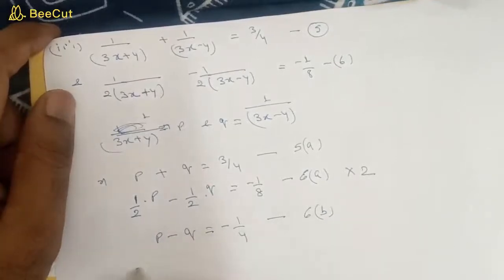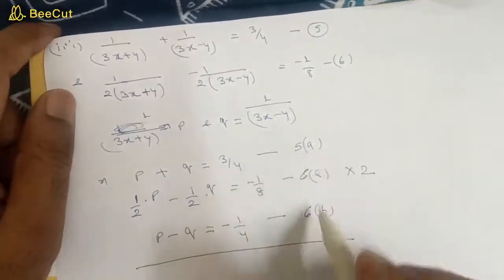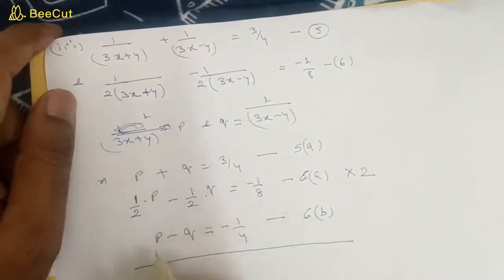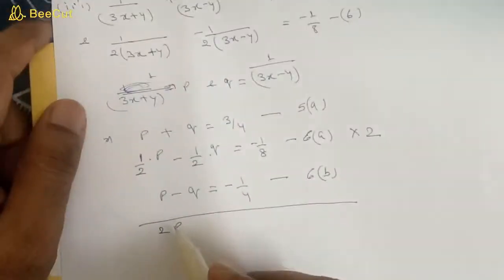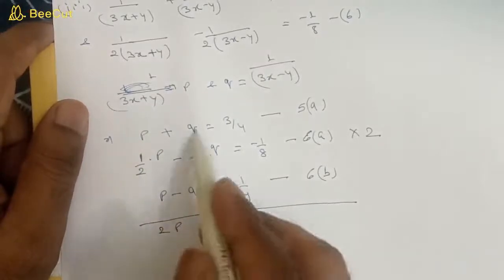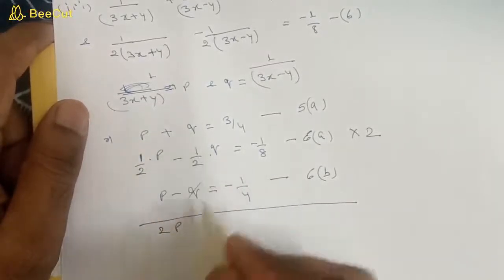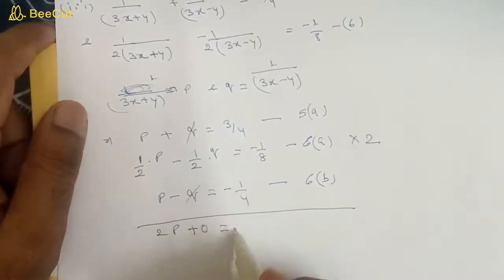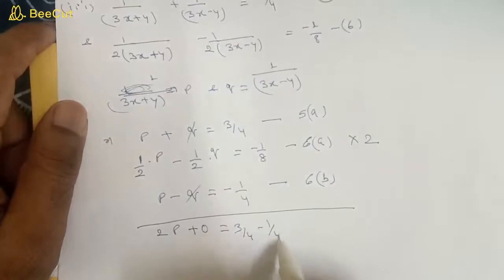So if we add equation 5a and 6b, then p plus p is equal to 2p, and q minus q is equal to 0. I will get 0 here, plus 0 is equal to 3 by 4 minus 1 by 4.